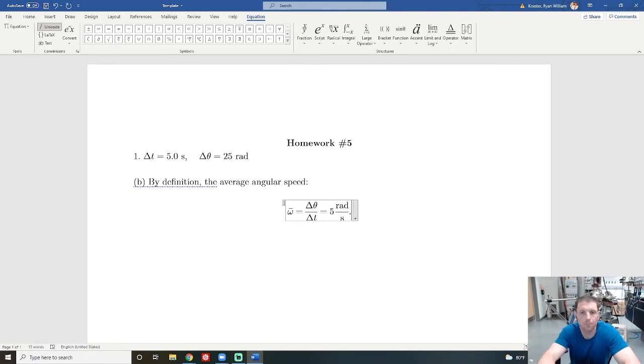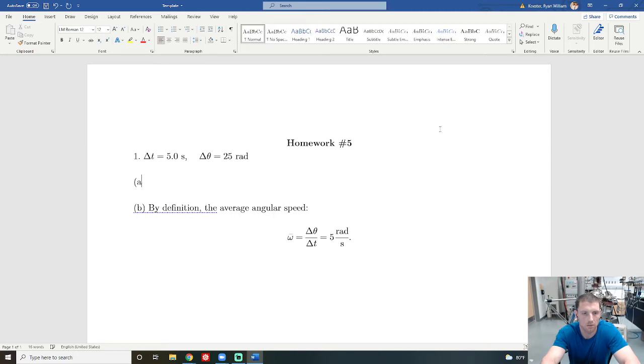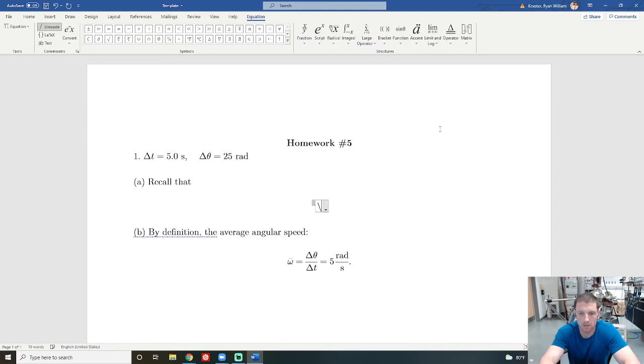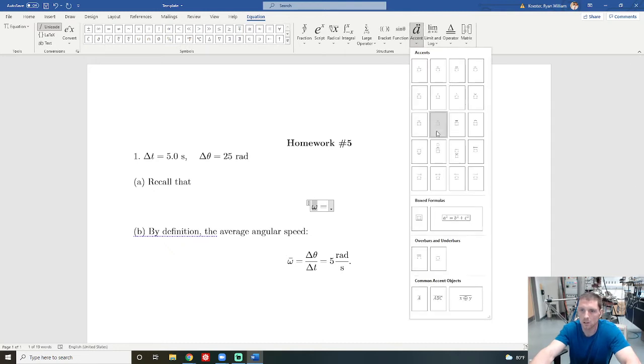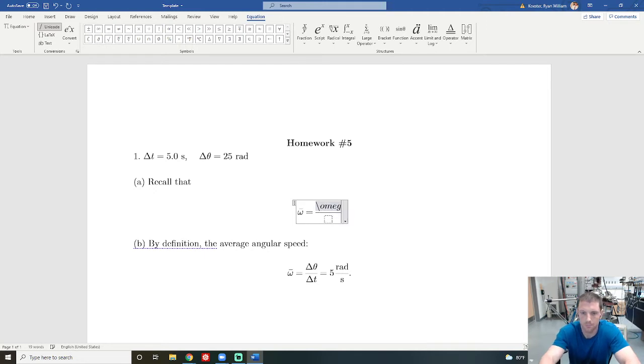Okay, cool. So let's look at A then, because I think for A, if I'm not mistaken, we have to be a little more careful with our approach here. Recall that, again, by definition, the average angular speed is given by the initial angular speed plus the final divided by 2.